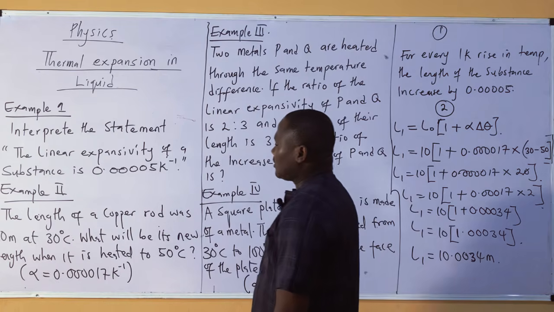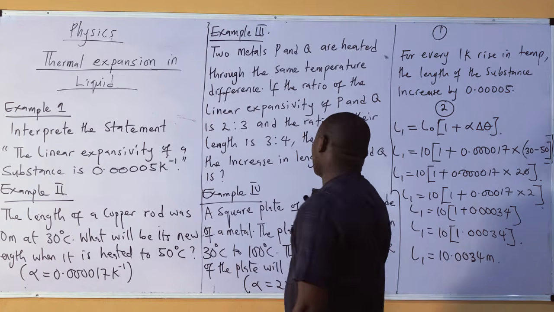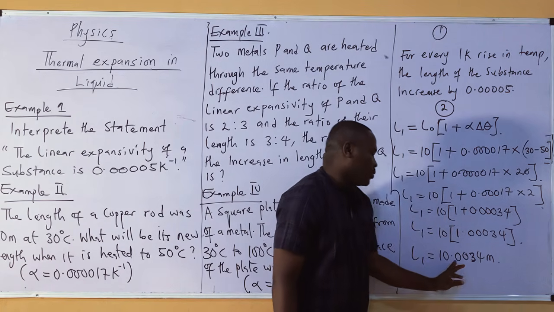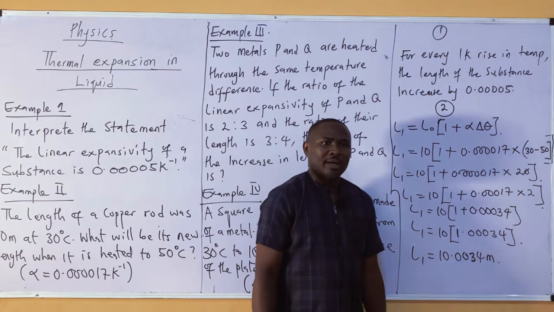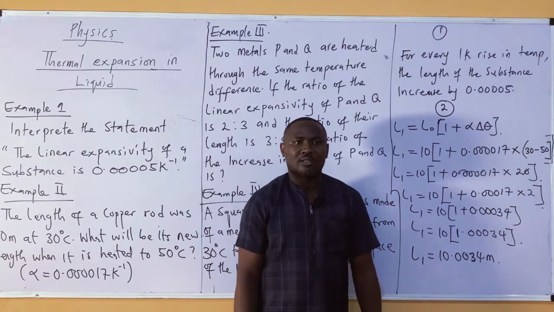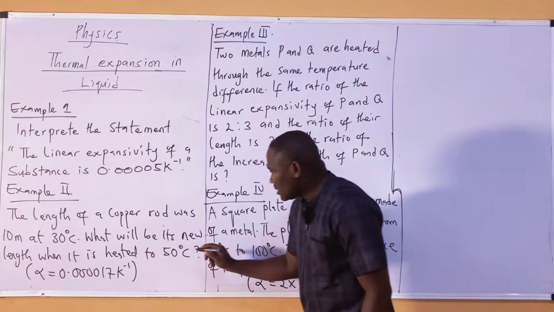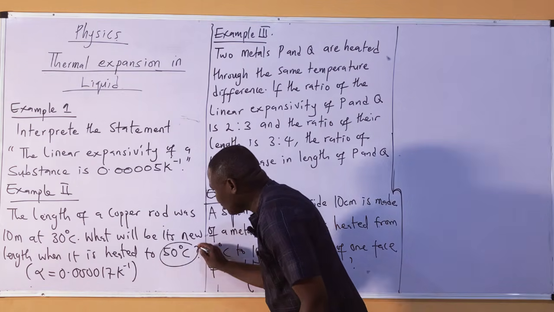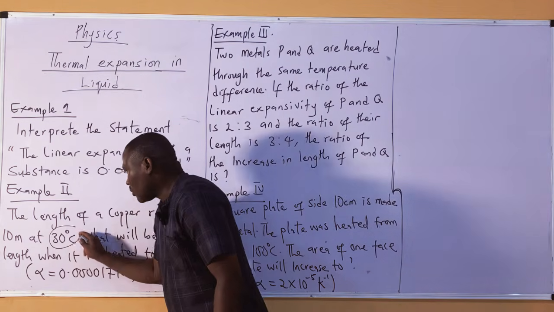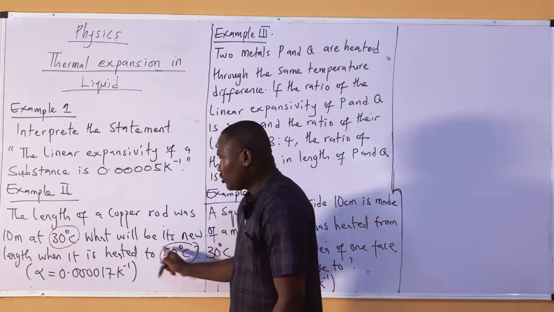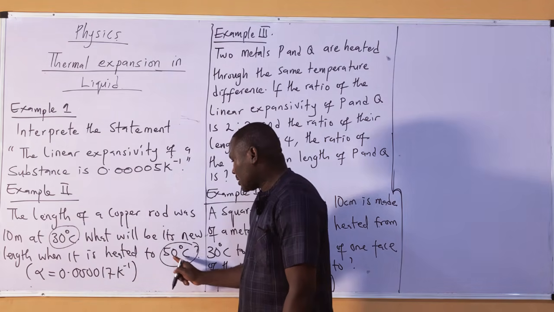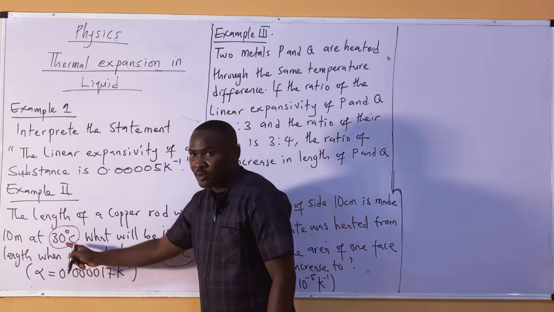If you check the difference between your old length and your new length, it will be 10.0034 minus 10. Please take note, this is our theta 2, while this is our theta 1. So it is theta 2 minus theta 1, so it's 50 minus 30.